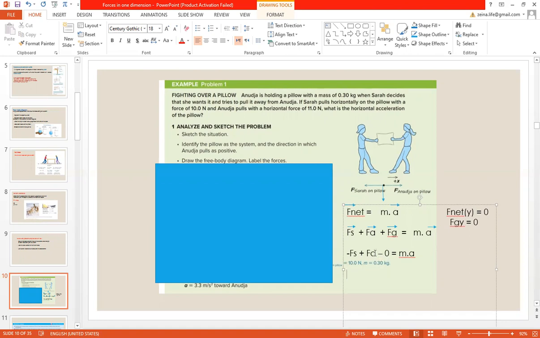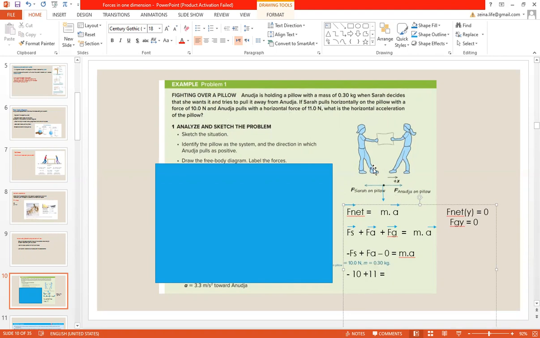Now we are left with F Sarah and F Anuja. The force exerted by Sarah is 10 Newton, so we just put minus 10. And F Anuja is 11, so plus 11, equal to the mass of what?